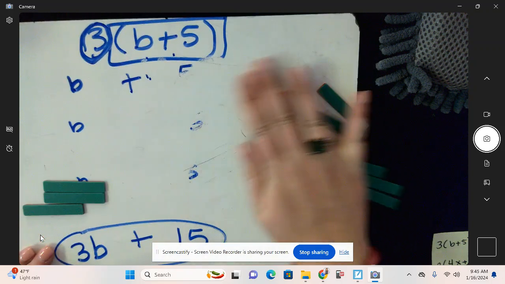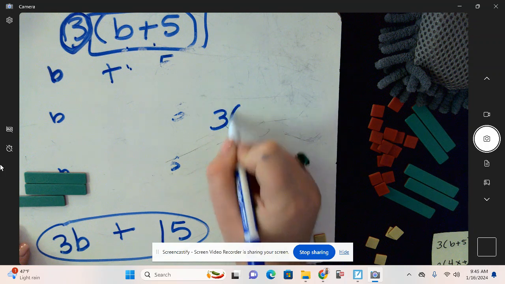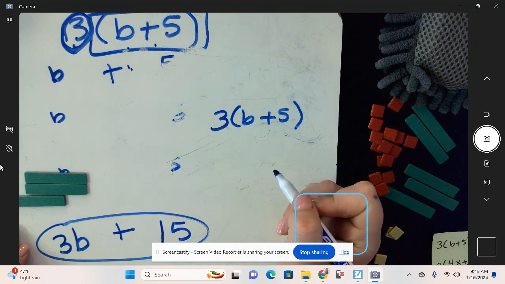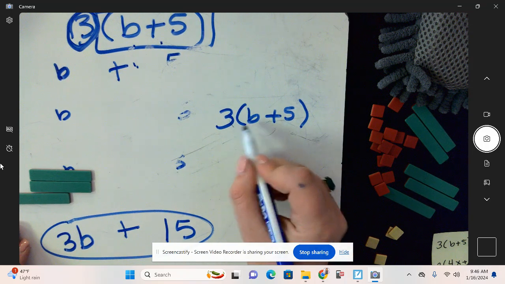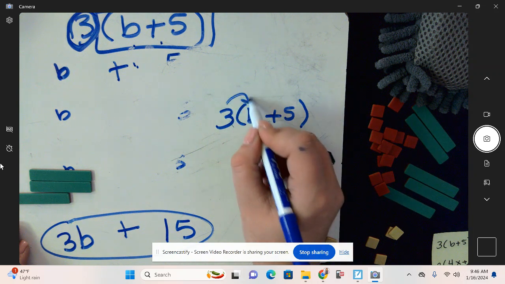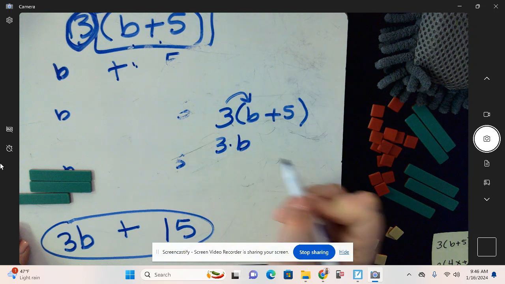Now, that's with a model. How do I do it by just doing math? If I take my 3 times b plus 5. Okay? What I have done is I've made 3 groups of b and 3 groups of 5. I have done b 3 times. I have done 3 times b.